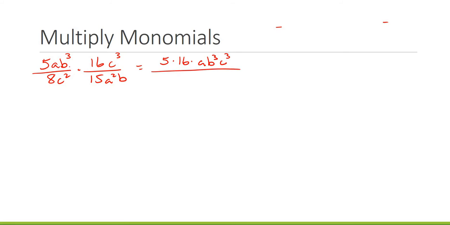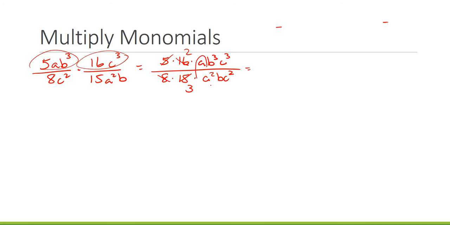Notice when we multiply, the top times the top. When we multiply, order doesn't matter, so I can bring the numbers to the front and the variables gathered together at the back. At the bottom will be 8 times 15 times a squared b c squared. So looking at my numbers, 5 goes into 15 3 times, 8 goes into 16 twice.